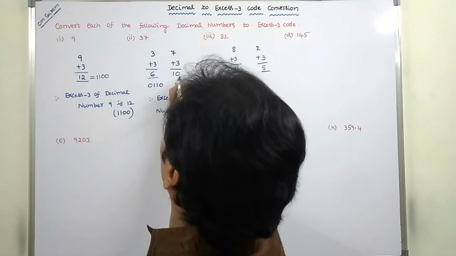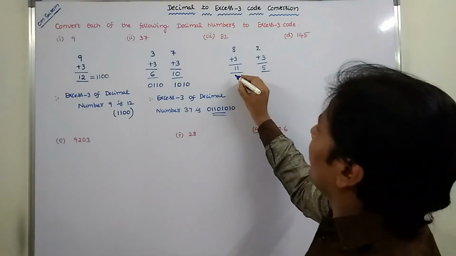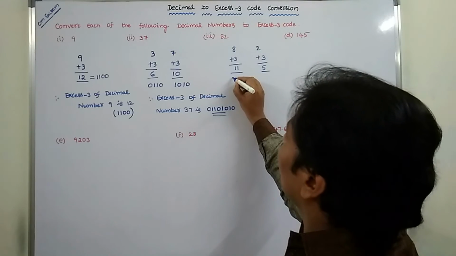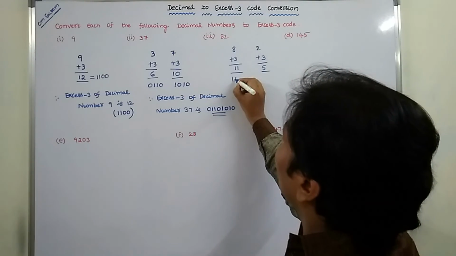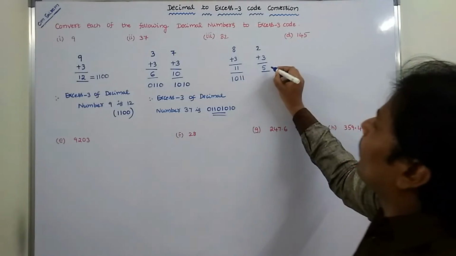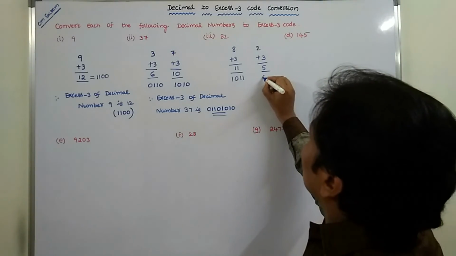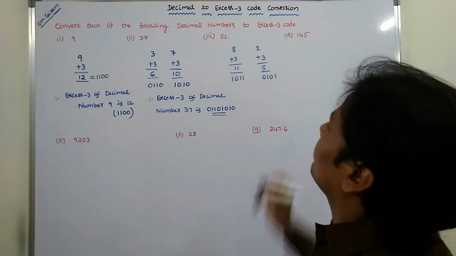Okay. So here the corresponding excess-3 code of 11 is 1011. 5 is 0101. Okay.